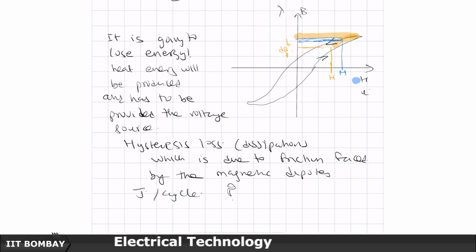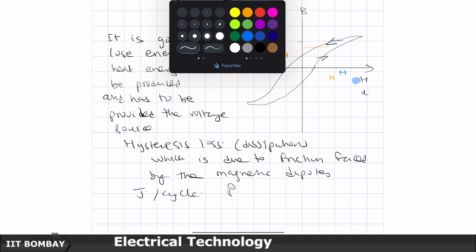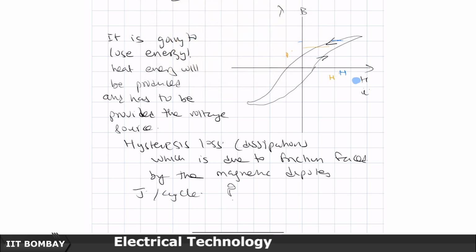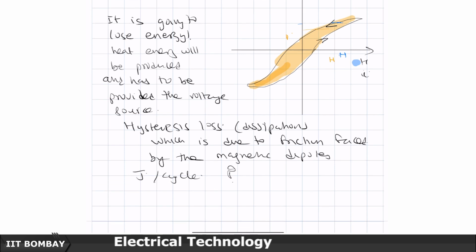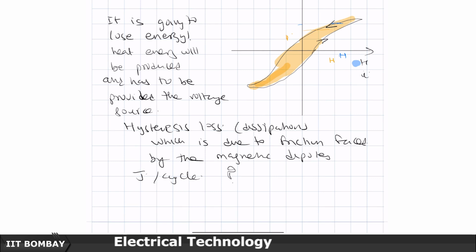So, at the end of the day, when you go through the complete cycle, what will be left is only this much. All the area which is enclosed is what will be left as the residue, and that is this area.